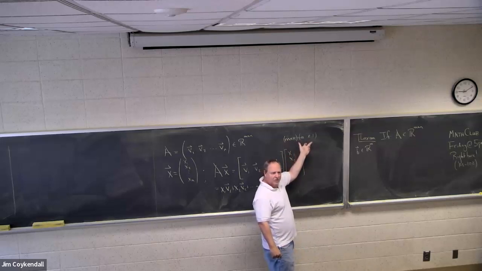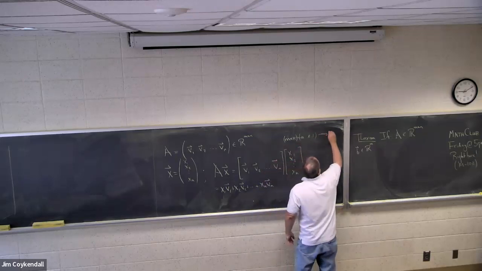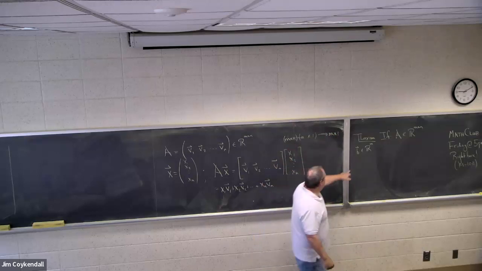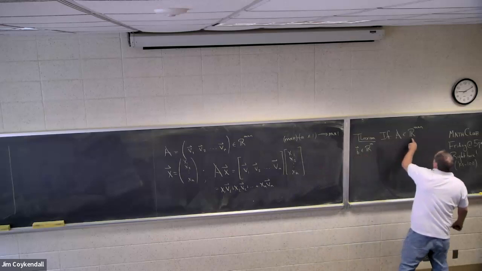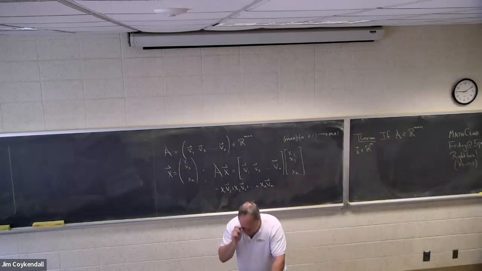What's my output? What does it look like? M by one. It's got to collapse in the middle, right? And that's why b is in R^m, because I'm going to multiply this by a vector and get an output that's an m by one vector.